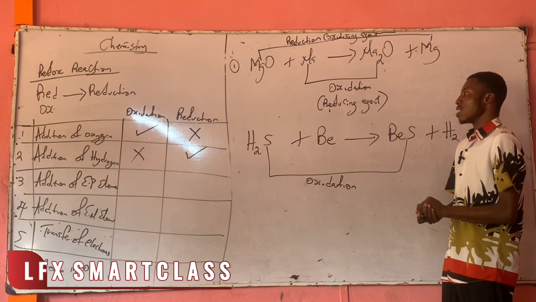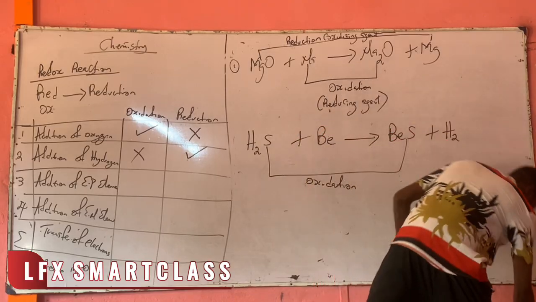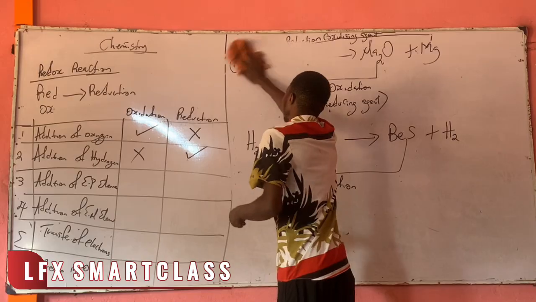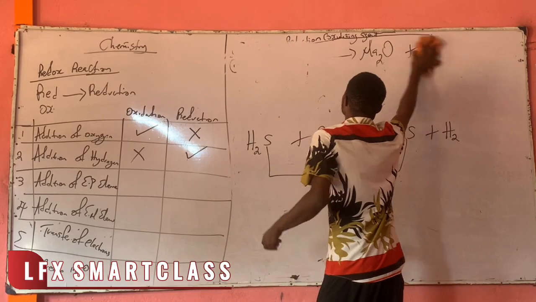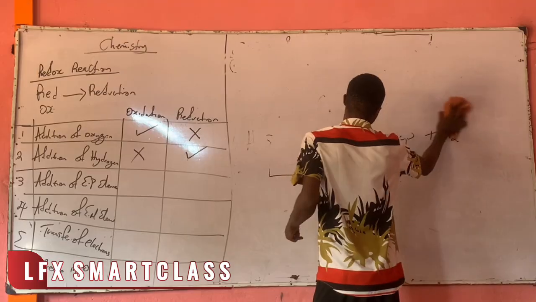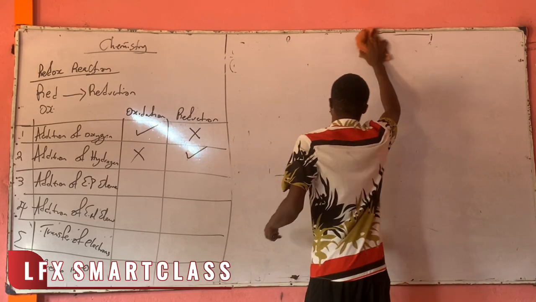Addition of electropositive elements. Whenever you talk about electropositive elements, refer to what? Metals. And I said that the most electropositive element in chemistry is what? Francium.